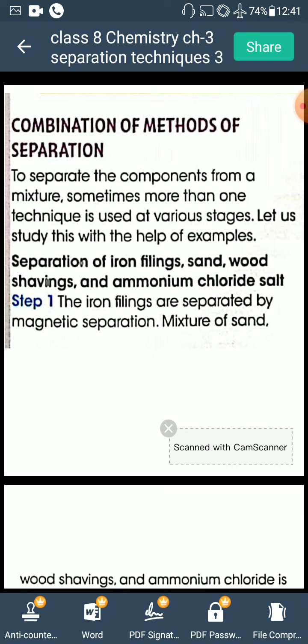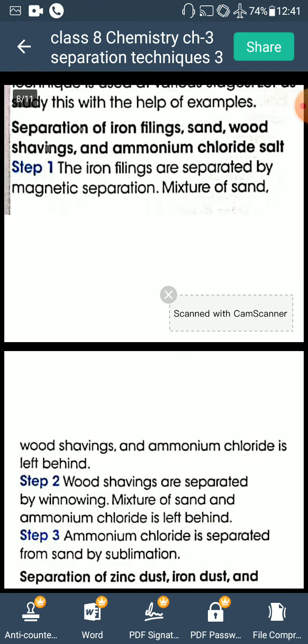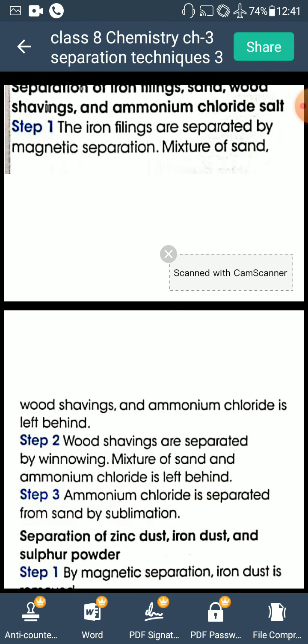In the first step, the iron filings are separated by magnetic separation, because iron filings are attracted by a magnet. Then the mixture of sand, wood shavings, and ammonium chloride is left behind.